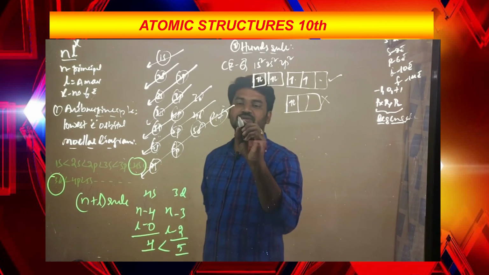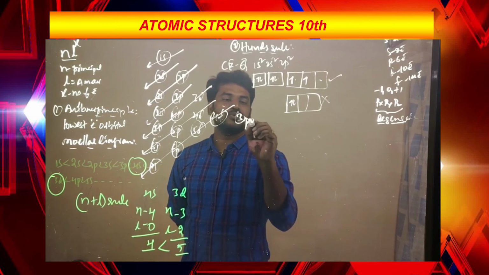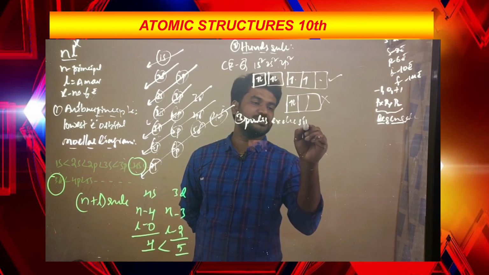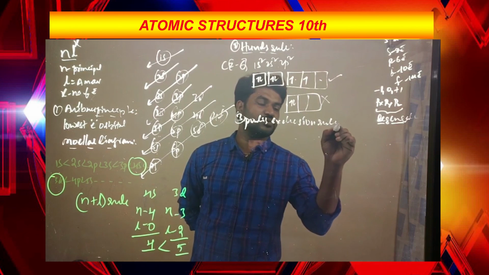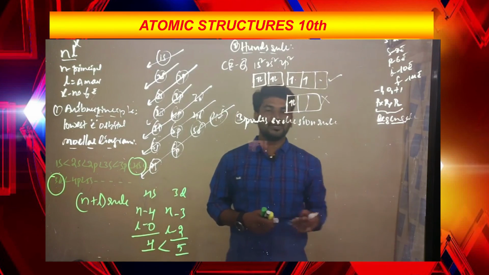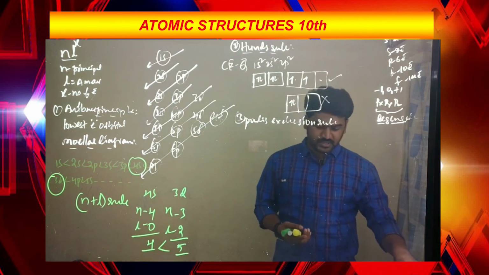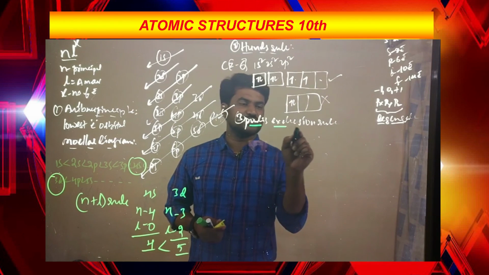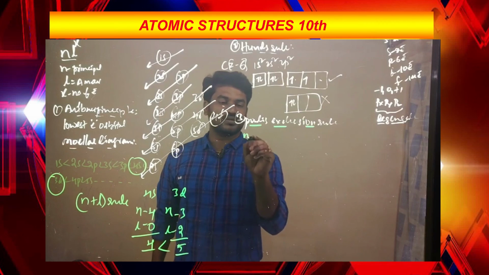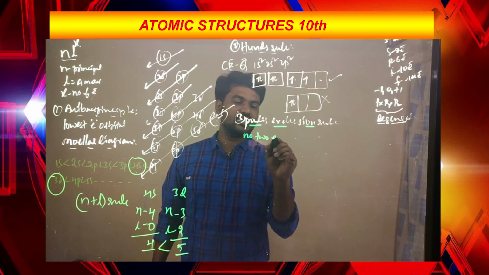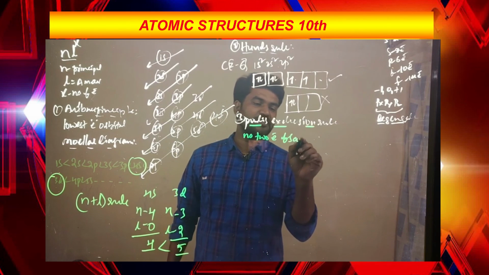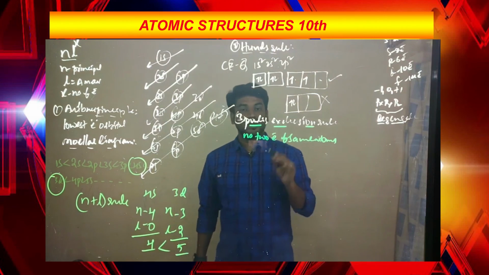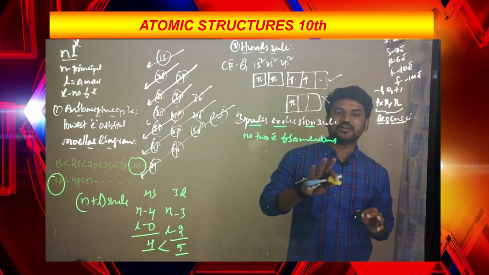And next one, Pauli's exclusion rule. What is meant by Pauli's exclusion rule? Let us say no two electrons of the same atom have the 4 quantum numbers the same.